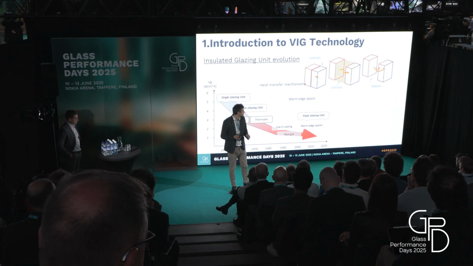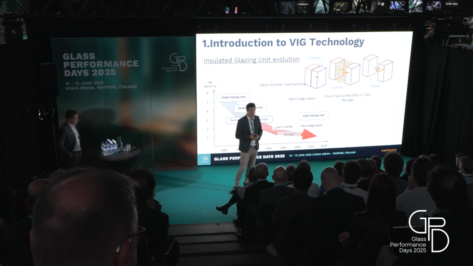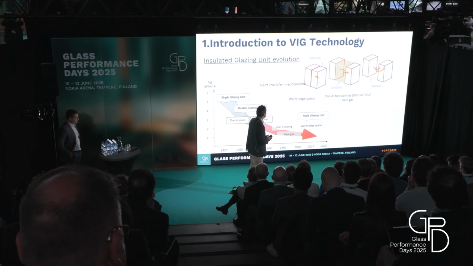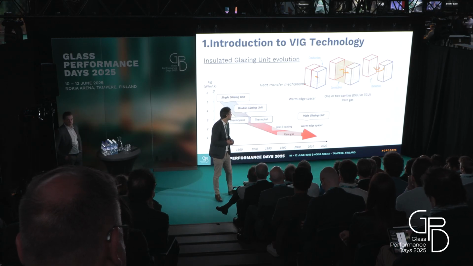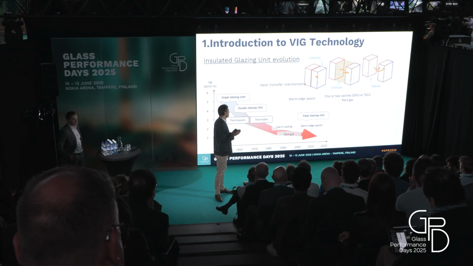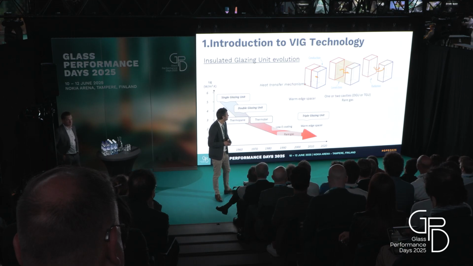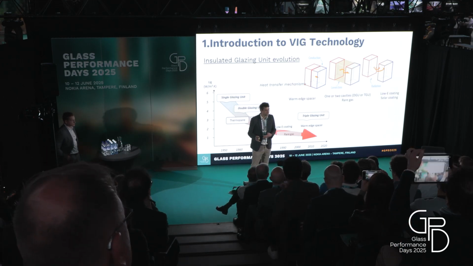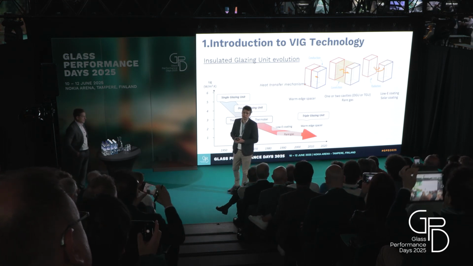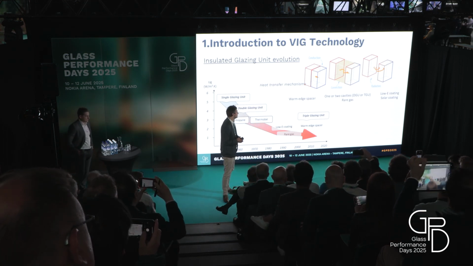Regarding the convection, let's introduce real gas instead of air in 1 or 2 cavities of the glazing units, switching from double to triple glazing unit. And regarding the radiation, let's introduce low emissivity coating to block infrared radiation.